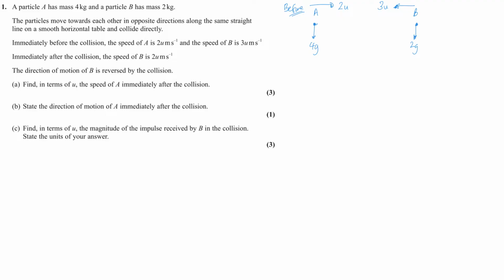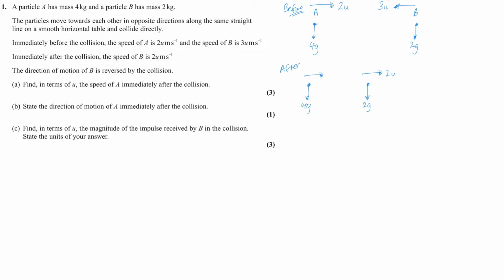After the collision, the speed of B is 2u and the direction of motion of B is reversed by the collision. So we've got A and we've got B, and then after the collision that direction is reversed and it is at 2u.